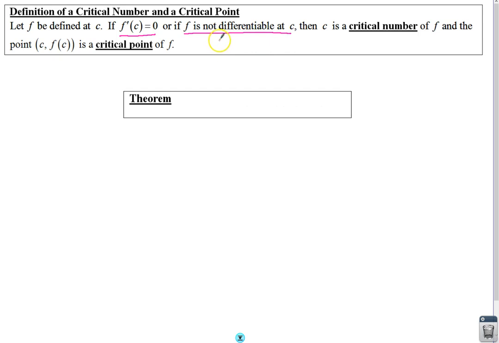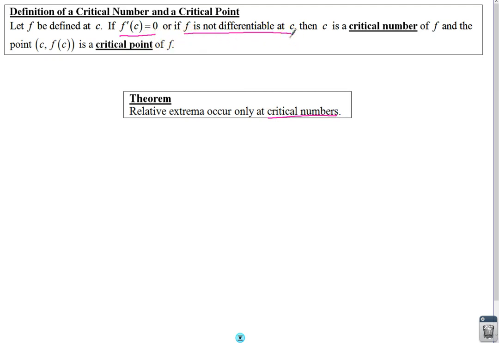So that could be another location where we have a relative extrema or an absolute extrema. Speaking of which, we have a theorem that specifies relative extrema only occur at critical numbers, and critical numbers are only the places where f prime of c is equal to 0 or f is not differentiable.